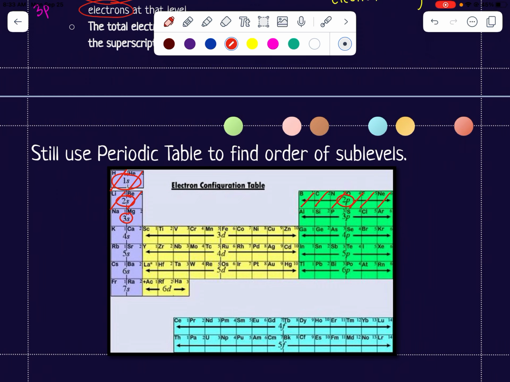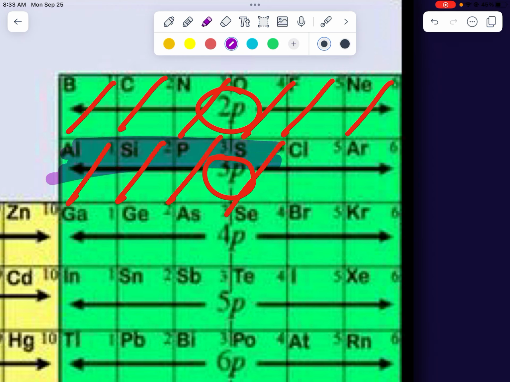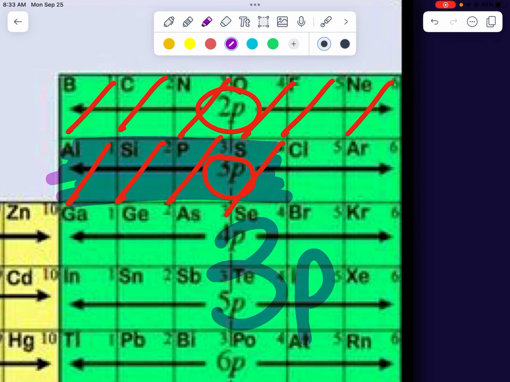Then we came to 3s, it's 2 elements across, 1, 2. And finally we got to 3p. But sulfur is not the last element, it's the 4th element. So because sulfur is the 4th element in 3p, we label it as 3p4.